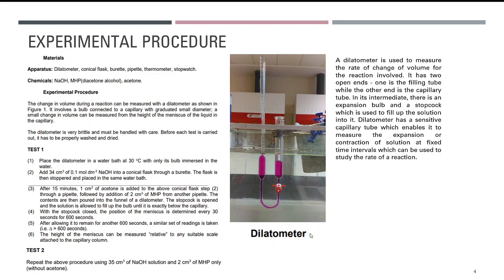So in terms of conducting the experiment, a dilatometer is used. A dilatometer here is really a unique shape. It's used to measure the rate of change of volume for the reaction involved. It has two open ends, one where you fill in the solution, and the other end is where you have the capillary tube, so you can monitor the volume of the solution via the capillary reaction.